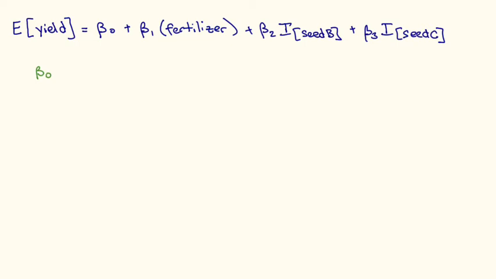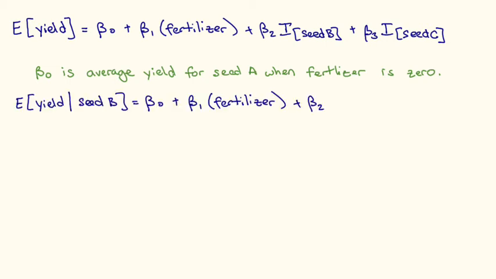So seed A is the baseline that we're comparing the other ones to. So first, let's talk about the meaning of beta naught in this. So beta naught, if we manage to make all the other things go away, we would be looking at seed A, and our fertilizer would be 0. So it's going to be the average yield for seed A when the fertilizer is 0. I can also say what happens if I set my seed as seed B. You can see here that the indicator for seed C goes away.